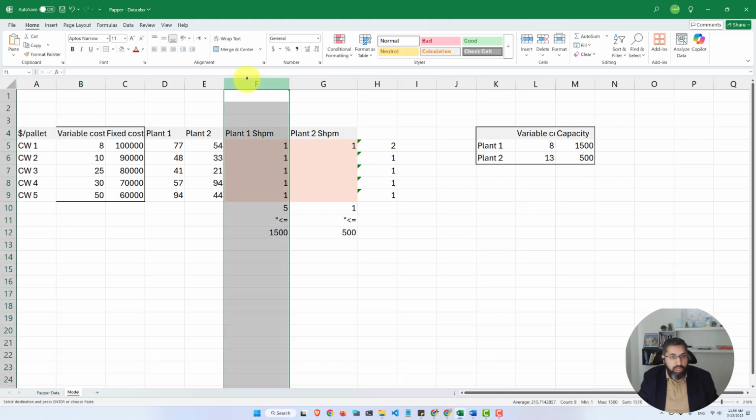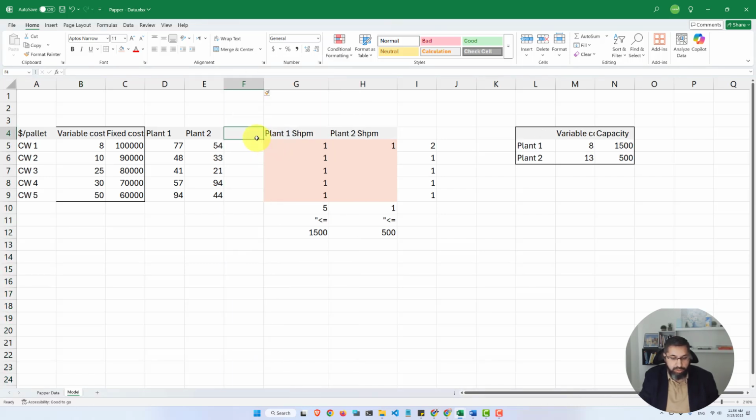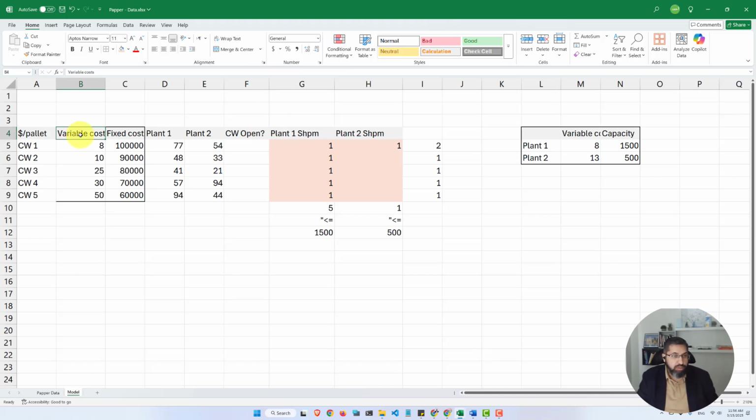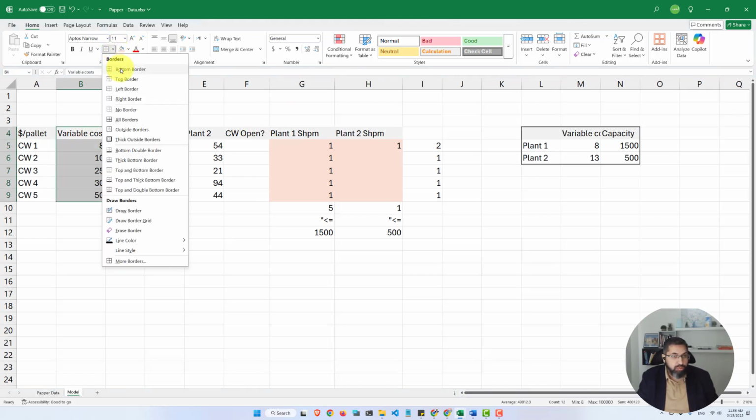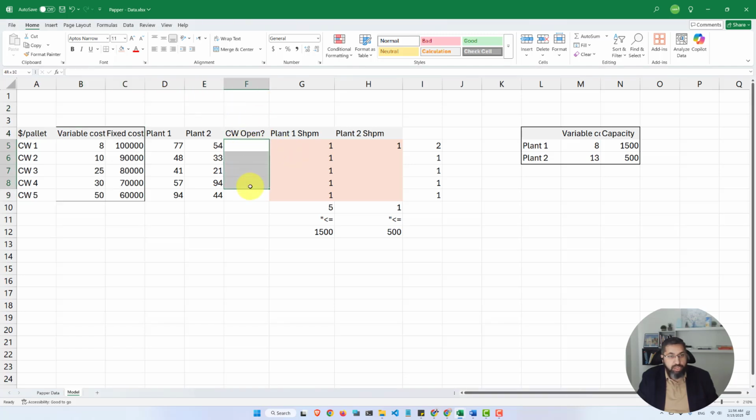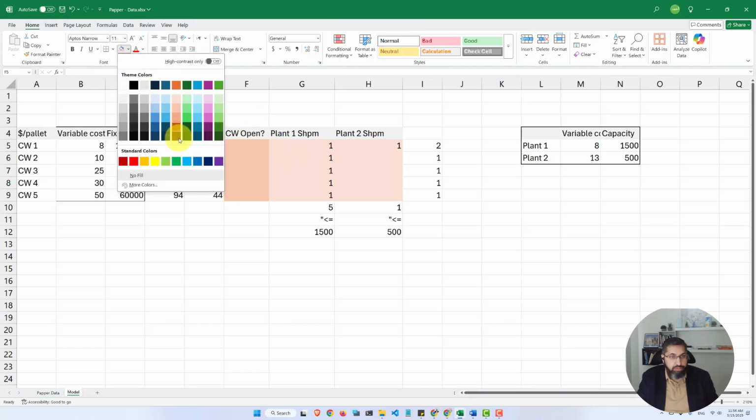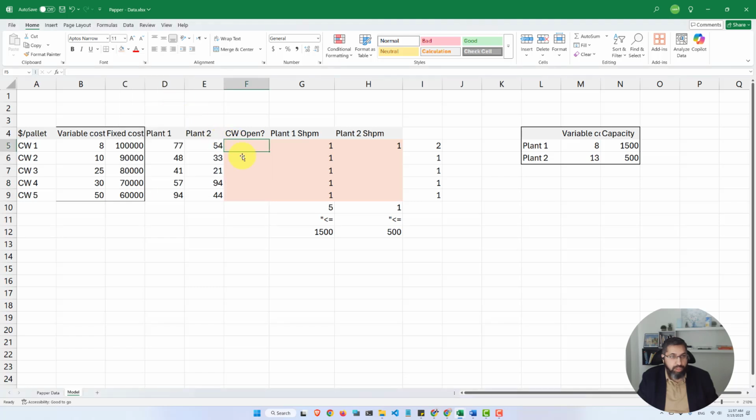And what I also want to add here is whether a central warehouse is open or not. All right, let's take out these borders. These are going to be my binary variables.